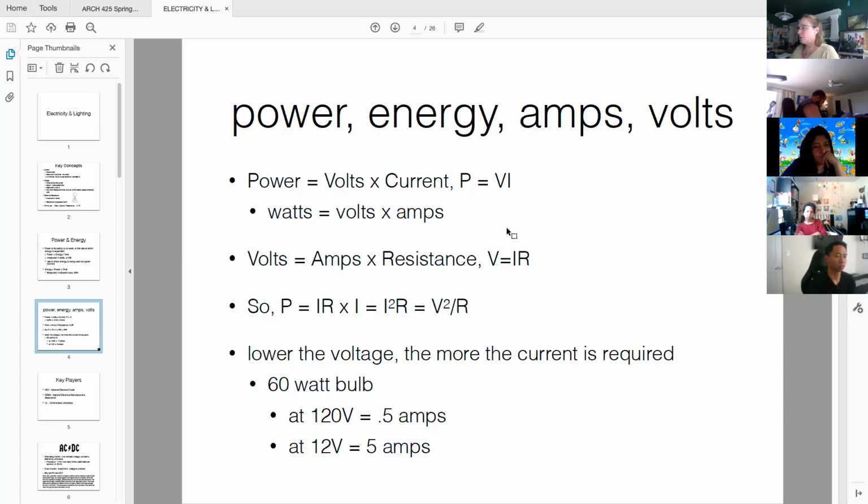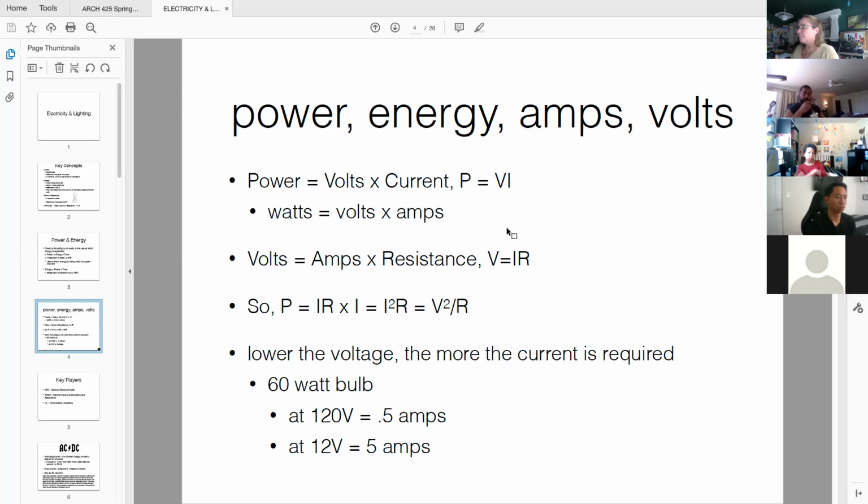Therefore, with the symbol letters, I and R, volts times current, times your amps again, you're going to get I squared R. So it's your amps squared times the resistance.